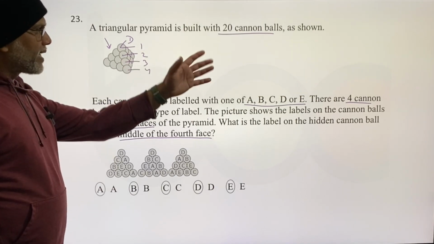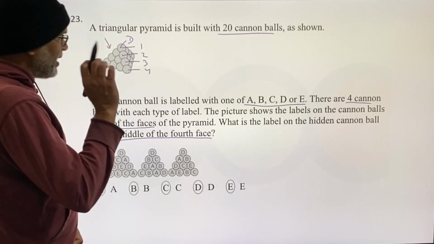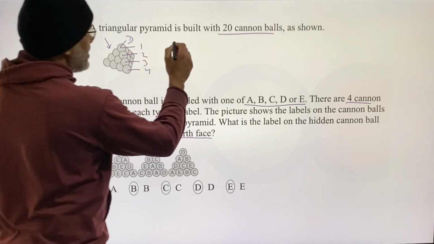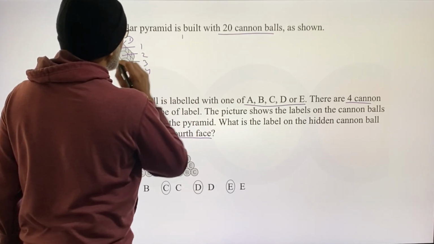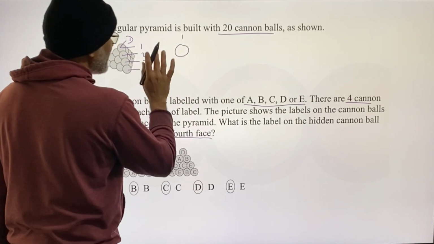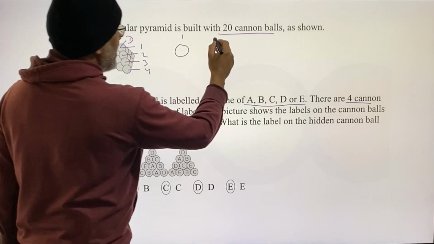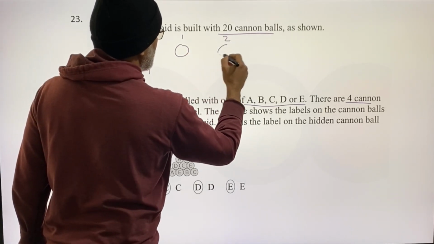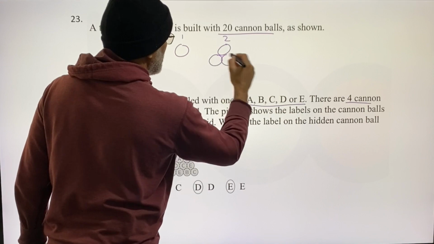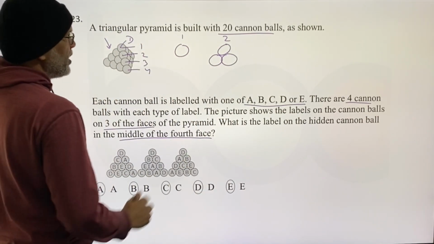Now if I draw it like that, I know that each ball is different, right? Let me show what I mean. Let's call this layer 1. I know that D has to be on the top, or let me first draw the balls and then I'll level them, right? And layer 2 will be like this. There will be 3 balls on layer 2.